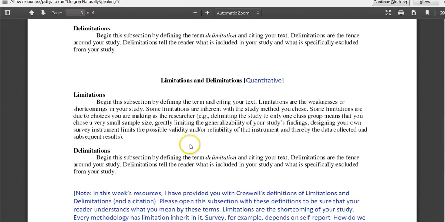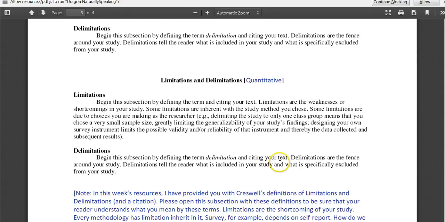Now, if you're talking about the delimitation for your survey, then you're going to say that your survey will be available for response for 2 weeks or 3 weeks. And you may even give a specific timetable when you will stop the survey and no longer accept responses. And so that would be something that you would have as a delimitation.